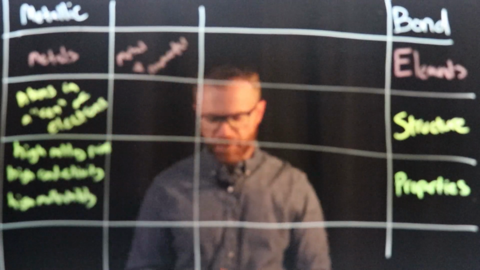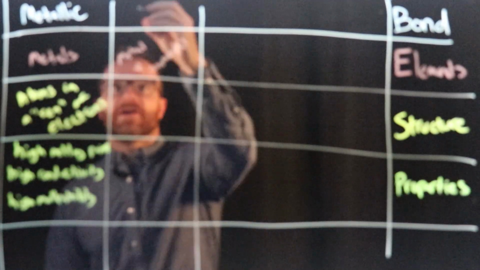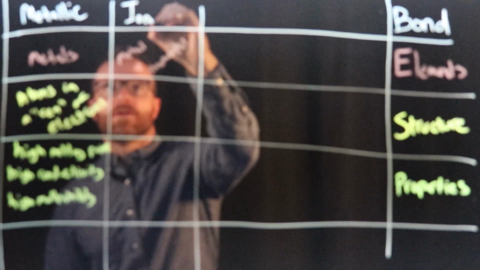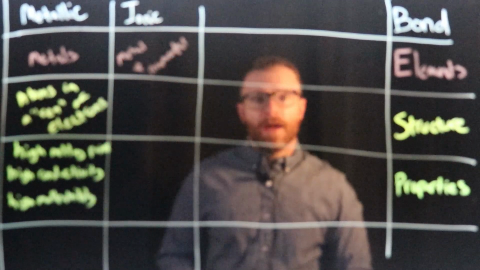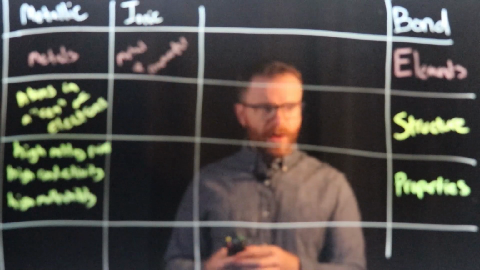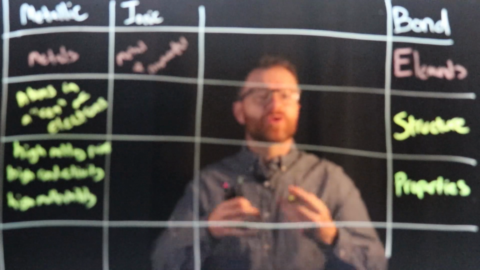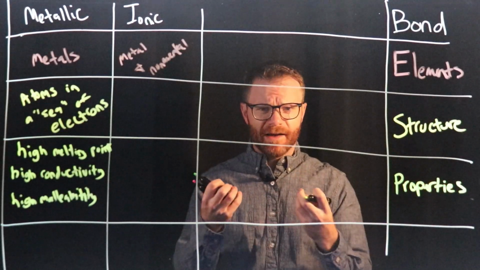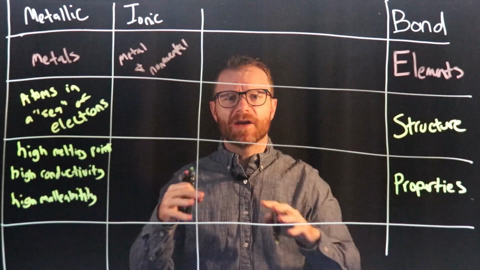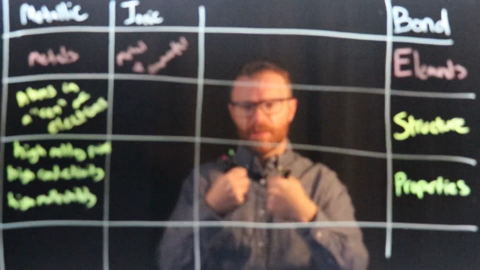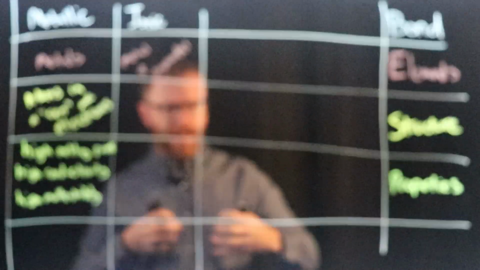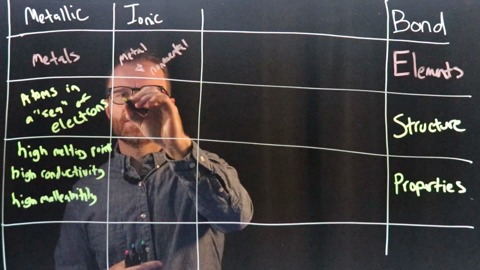Well, that would be the first bond that we learned about, ionic bonds. And remember, the structure of an ionic compound is this crystal lattice of cations and anions suspended in this giant crystal with equal and opposite charges that attract them and hold those atoms in this nice, tight crystal lattice structure.